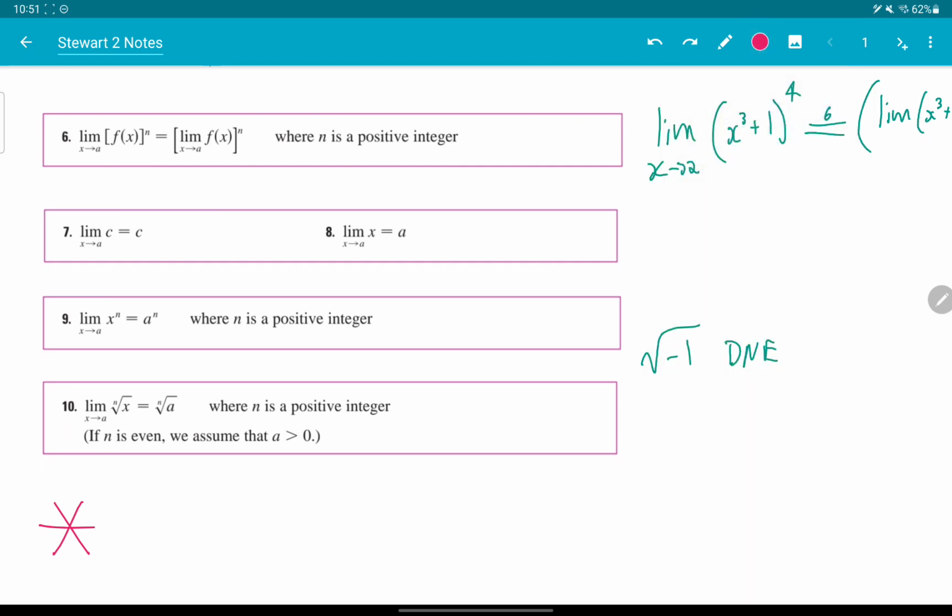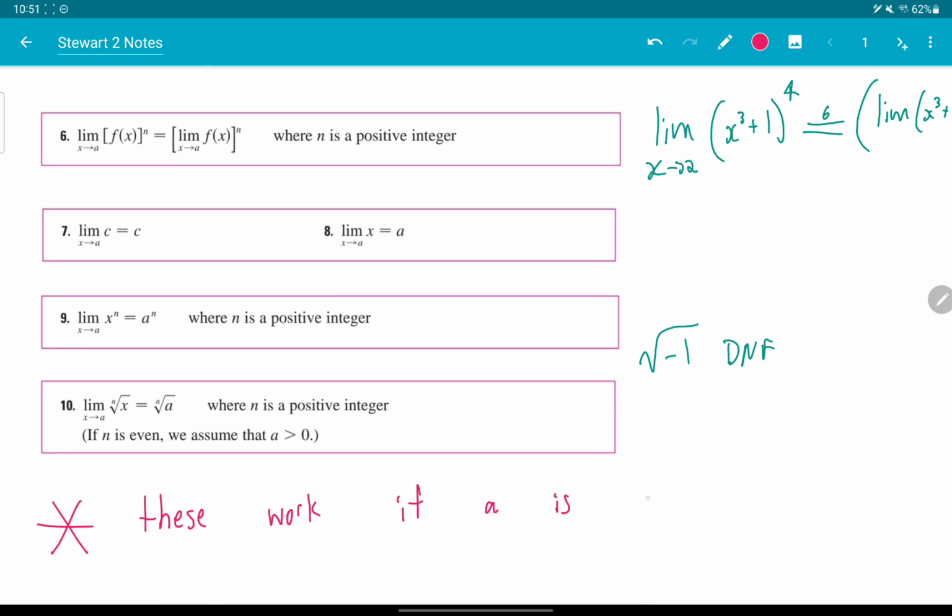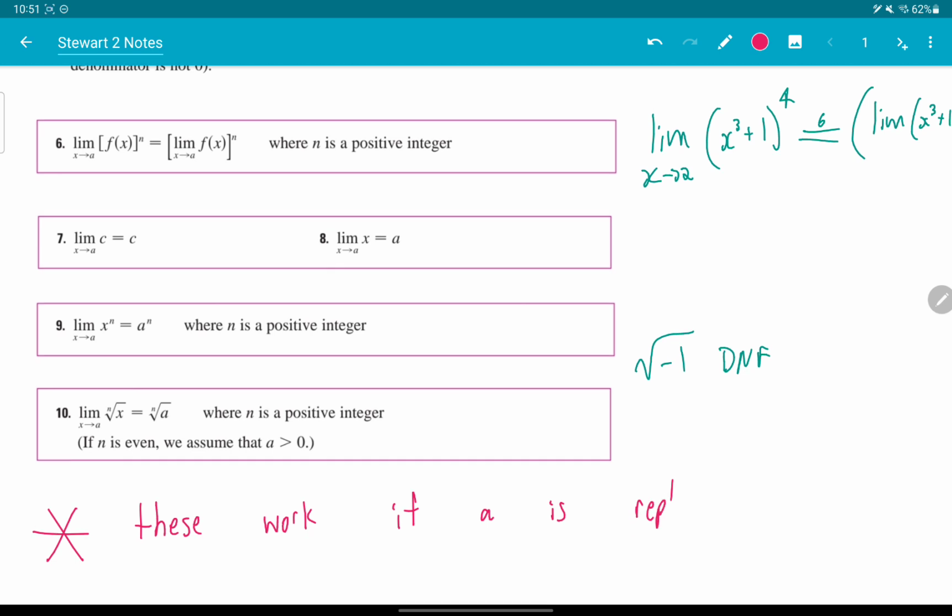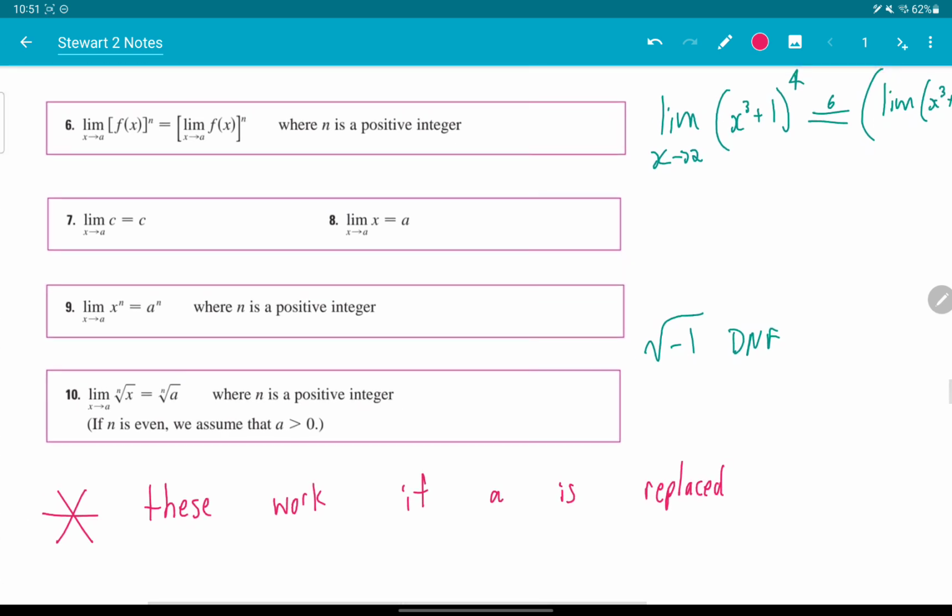Now, these limit laws, you have this x goes to a, x goes to a, x goes to a. These work if you have one-sided limits as well. So let me say that these work if a is replaced by a one-sided limit of that form or the other form.